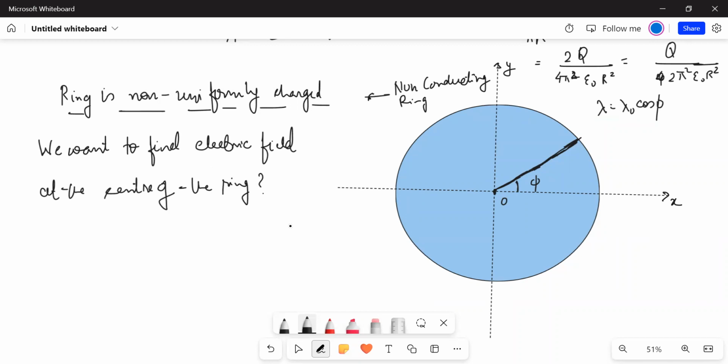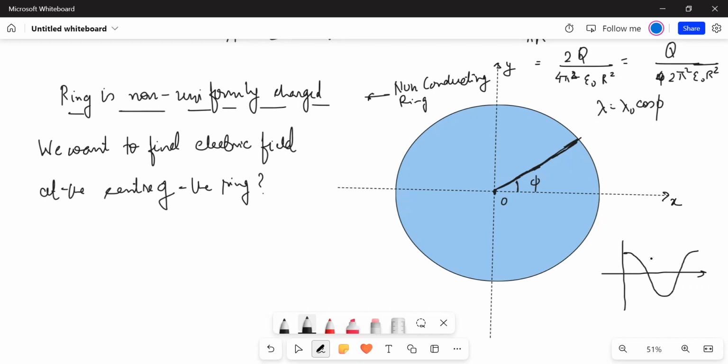The first thing that comes to mind, if this is phi, we know from trigonometry that in the first quadrant from 0 to pi by 2, cos is positive, and cos behaves as a decreasing function. Exactly at 0 you will have a maximum, that is 1, and then at pi by 2 it will decrease, and so on.